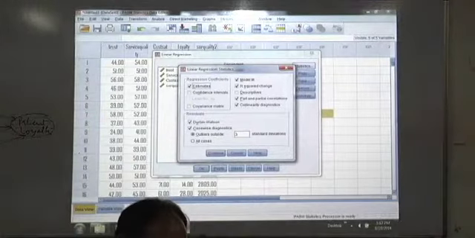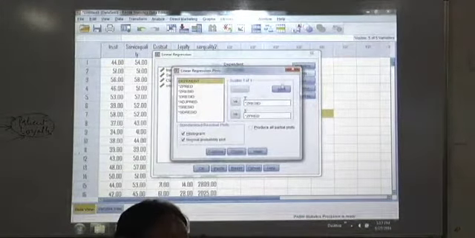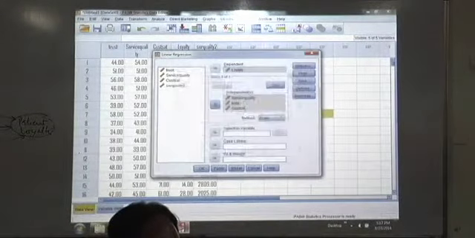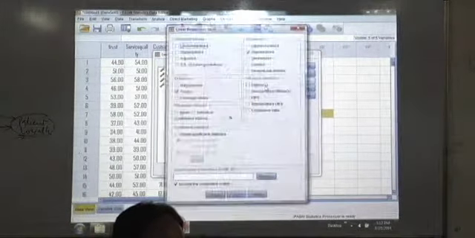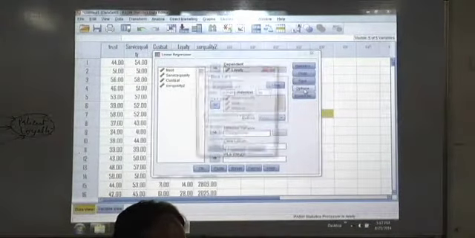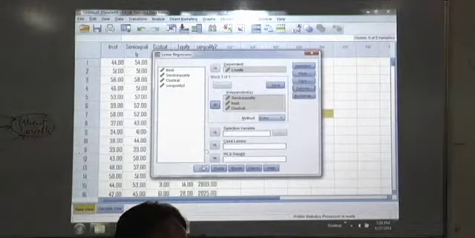You find all these would be there. For multiple regression also, plots would be the same. Save, standardized. Options, same. That's it.